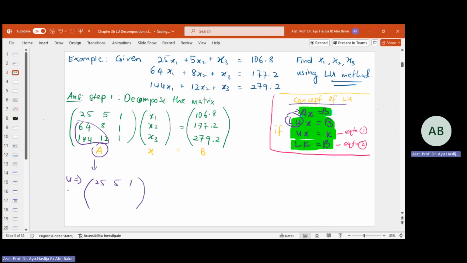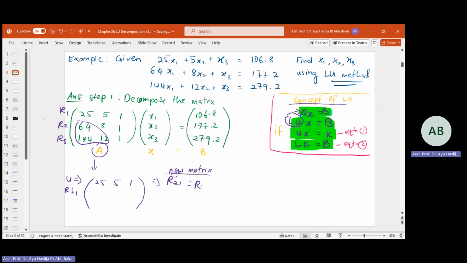To find the new matrix, you need to find the factor. Okay, so we need the factor to zero R21. So R2, this one is the original.